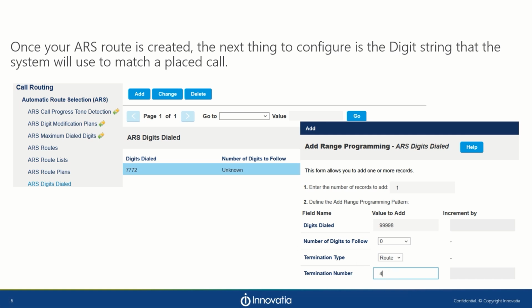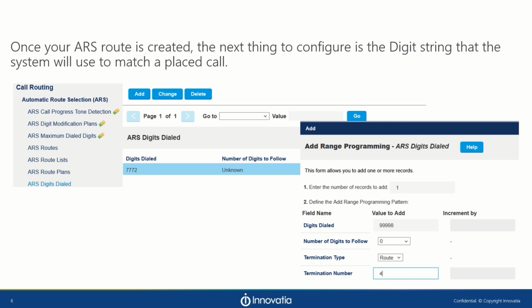This is what creates that link between the string of digits and the particular route, so this configuration is what ties both of those things together. The other values here we're leaving as default, but the most important configuration is the actual string of digits that we've entered and the termination number that we tie it to.